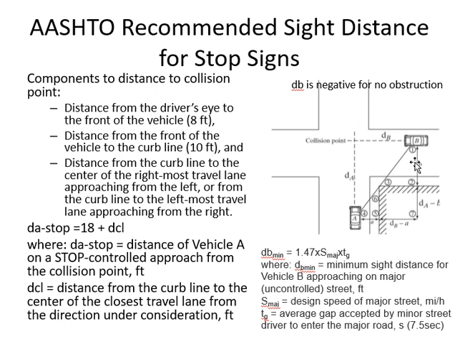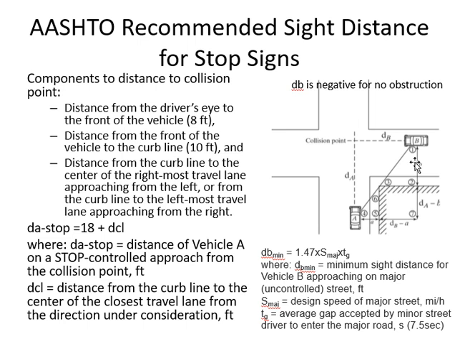I should start from here, from the curb line, center line, stop line, for example. So there are 3 components: from your eye to the car, from the car to the stop line or the curb line, and then from the curb line to the lane which will conflict with you.